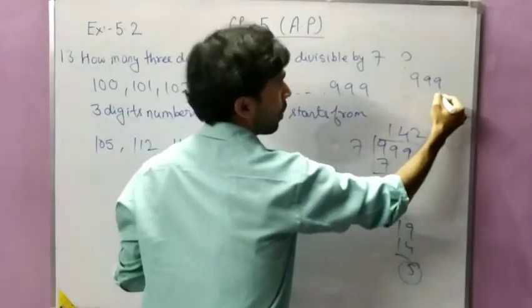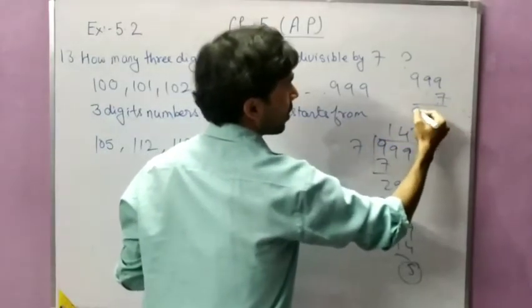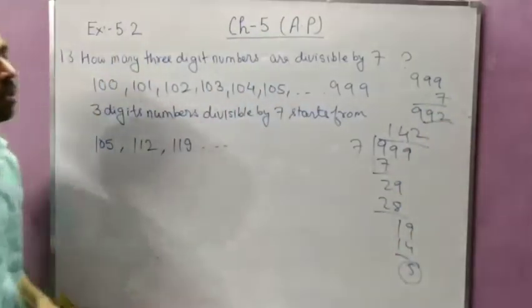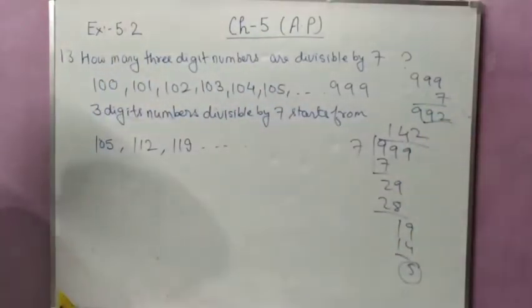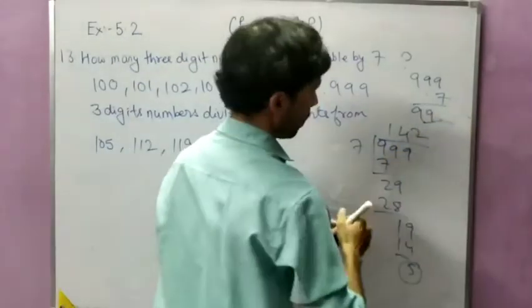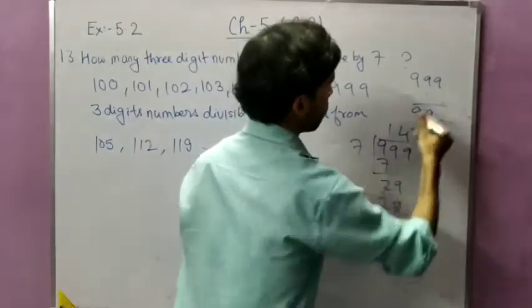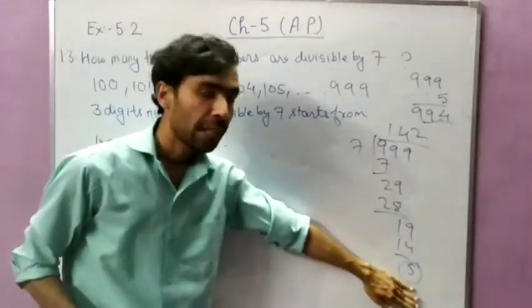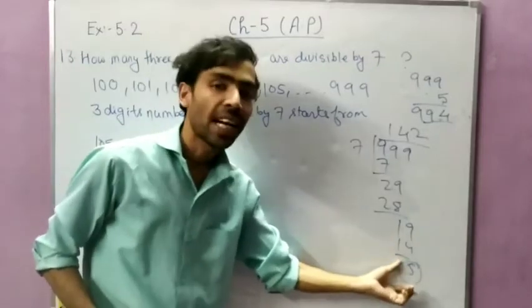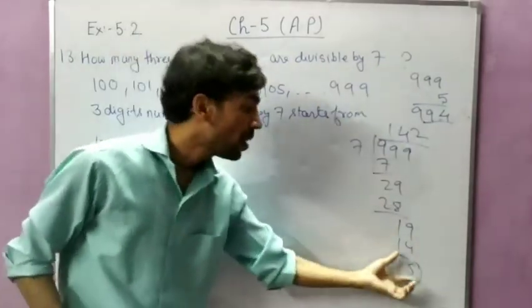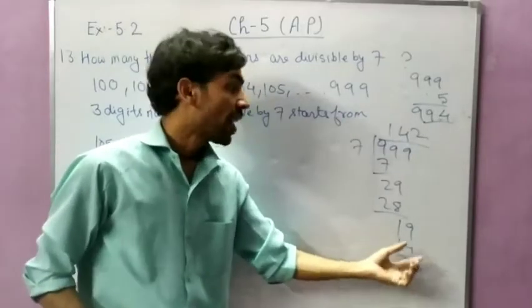999 minus 7, sorry, 5 you will subtract. Okay, because the remainder is 5, we subtract that remainder from 999. Why are we subtracting? Because a remainder was coming, so we cannot add it.